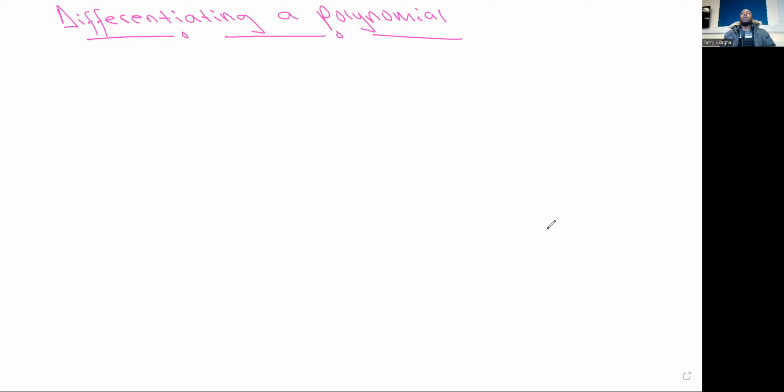So we're going to show you how to differentiate a polynomial. So if, for instance, you were told to differentiate the additions or subtractions of polynomials. So for example, you have y is equal to g of x plus h of x plus to infinity, or you could have y is equal to g of x minus h of x plus p of x, all to infinity.